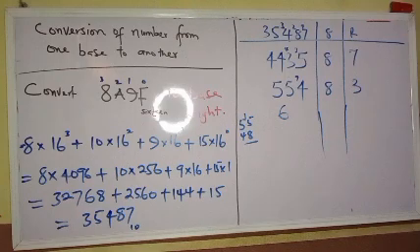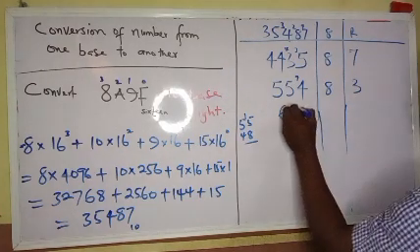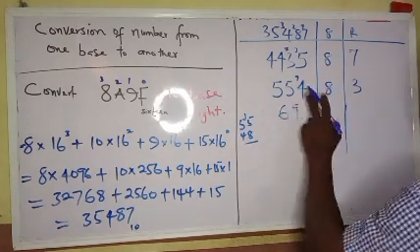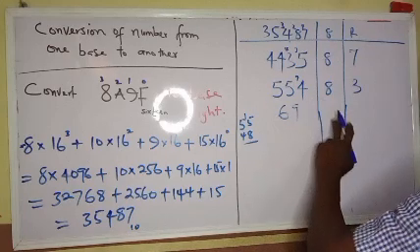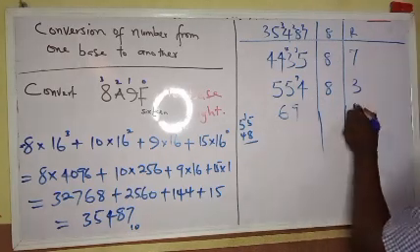How many times do we have 8 in 74? That is 9 times. 9 times 8 is 72, remainder 2.